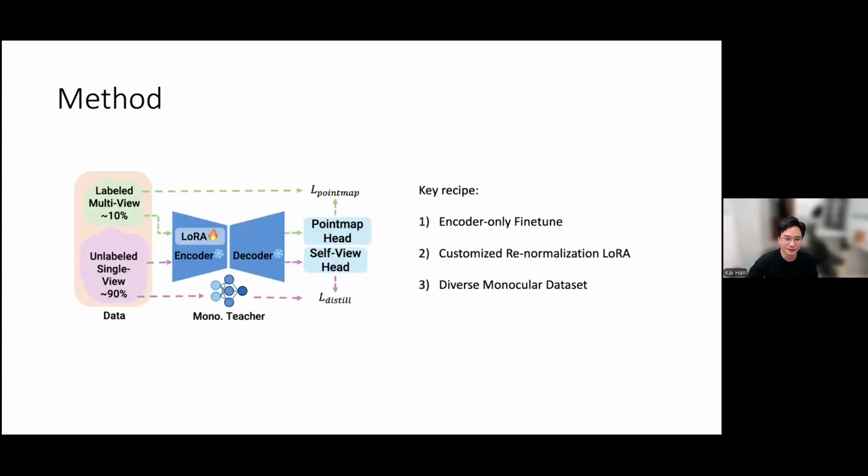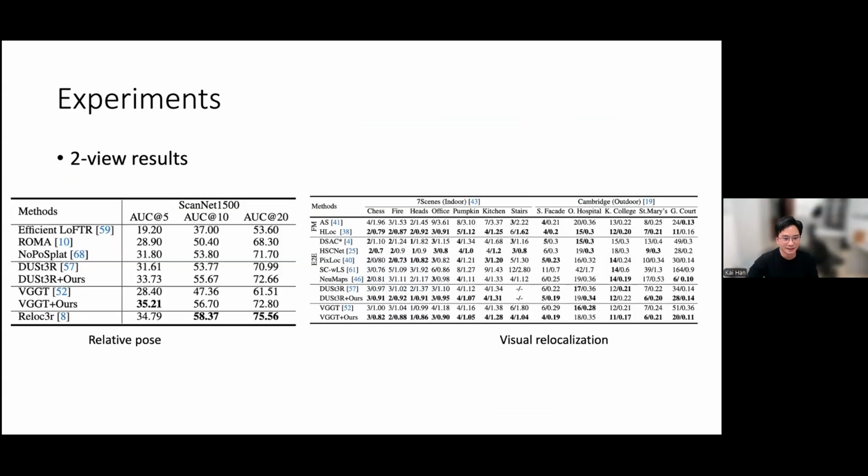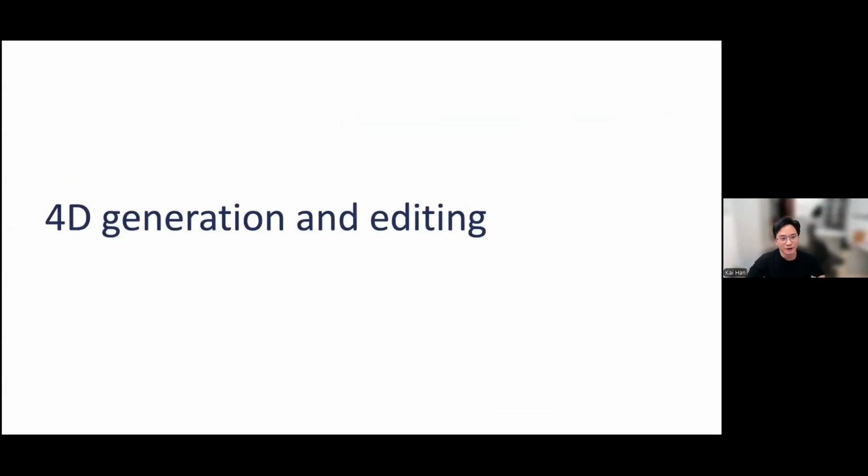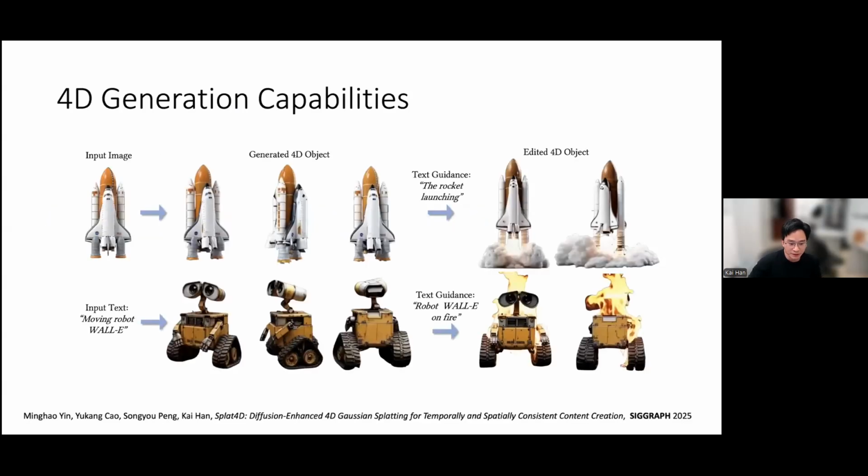Right. So if there are no other questions, then we move to the next one, more about generation and editing. This is our last year SIGGRAPH work. The task is 4D generation. We get an image or text as input, and then we want to generate the 4D object, the moving object.